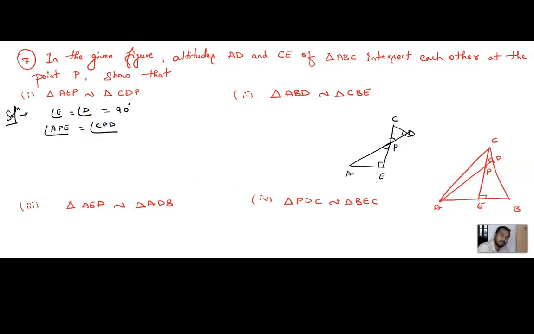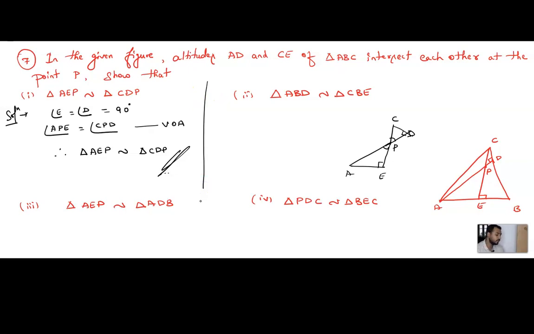What is the reason, children? Vertically opposite angles. Two angles are equal, then definitely the third angle is also equal. So directly we can say that, therefore, triangle AEP is similar to triangle CDP. That's it.